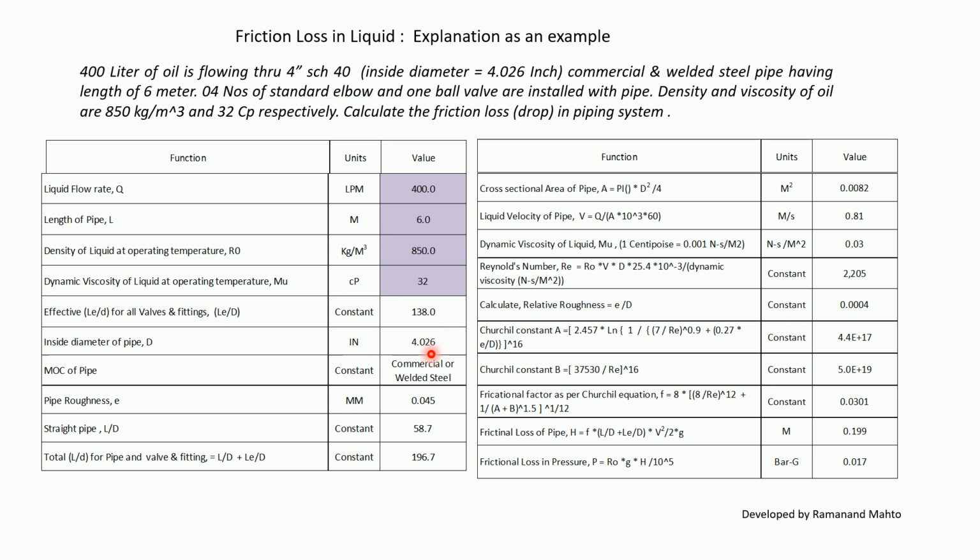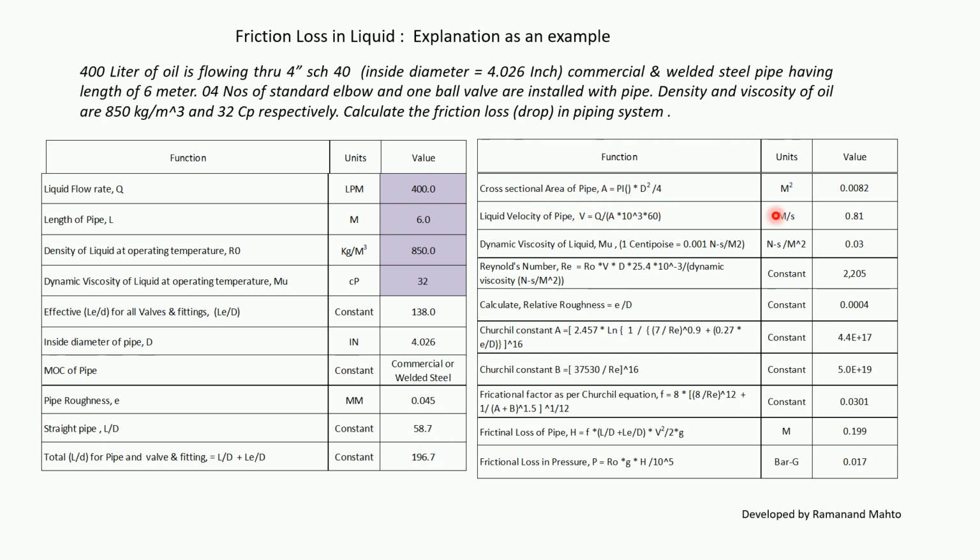Pipe inside diameter is 4.026. MOC of pipe is considered welded steel pipe, so pipe roughness is 0.045 millimeter. So straight pipe L by D is 58.7 and total L by D, pipe plus fitting, is coming 196, which is 58.7 plus 138.